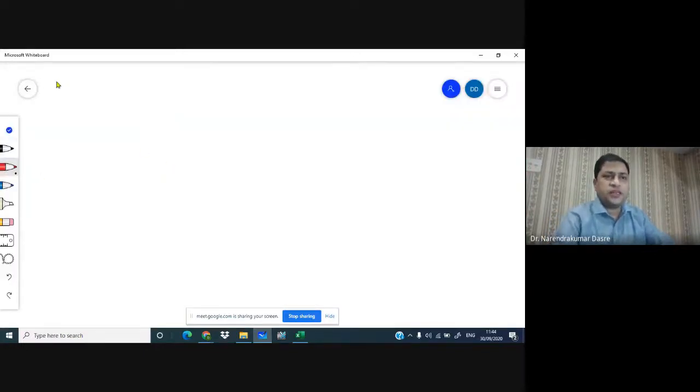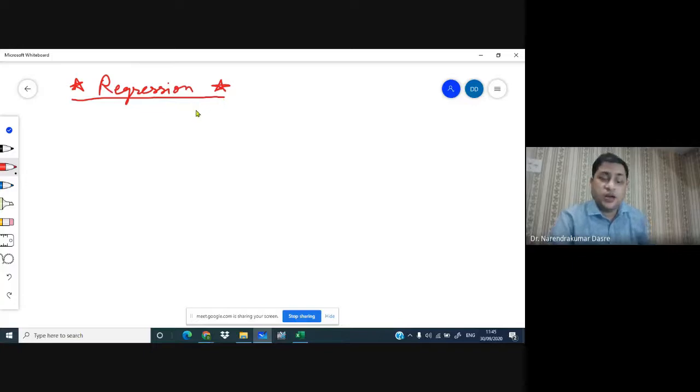In regression analysis, we have to go with the coefficient of correlation. Now we have to consider the regression. We'll be considering mostly linear regression.